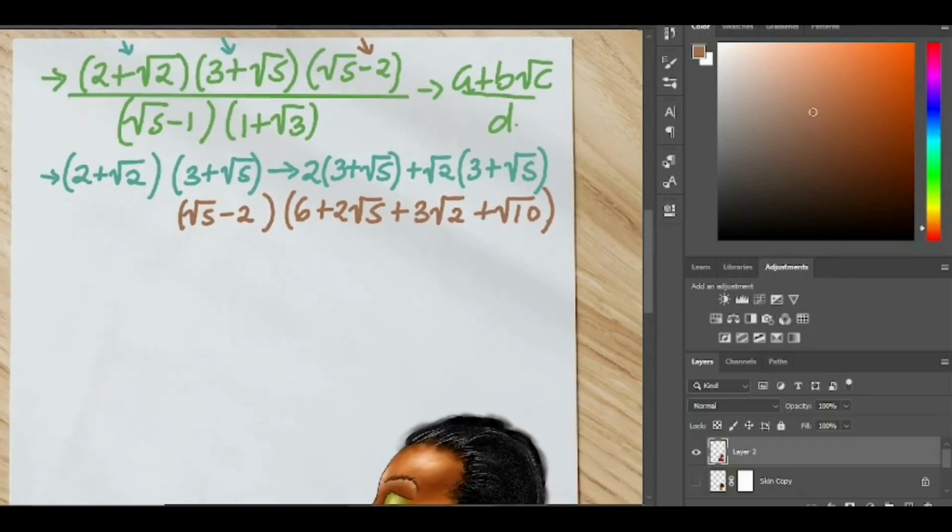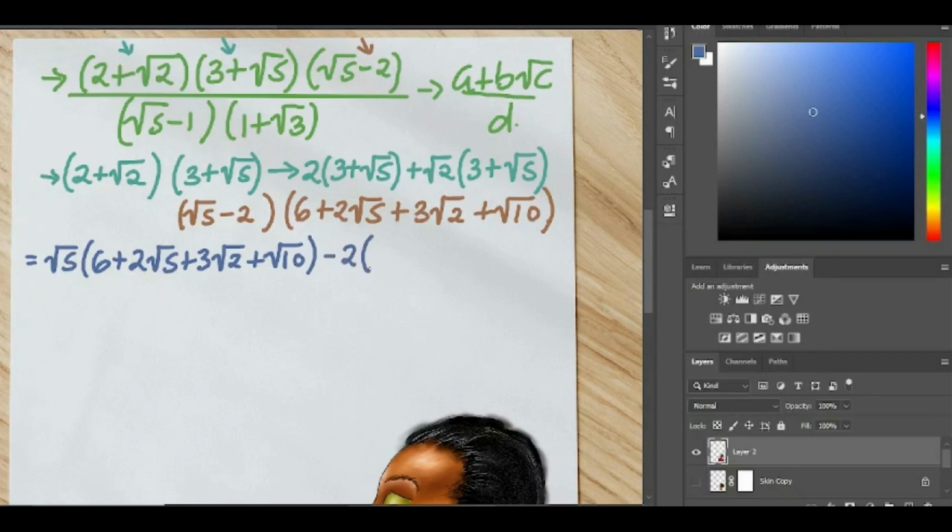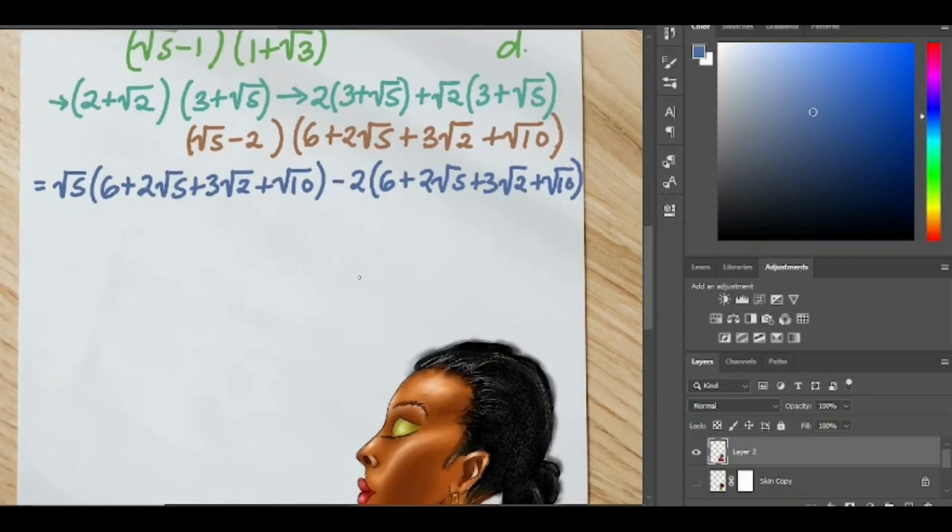Our answer will be gotten by taking root 5 from the first bracket and multiplying by the whole of the second, which is 6 plus 2 root 5 plus 3 root 2 plus root 10, and then minus 2 from the first bracket, multiplied by the whole of the second, 6 plus 2 root 5 plus 3 root 2 plus root 10. And then at that point, we are going to expand the brackets.